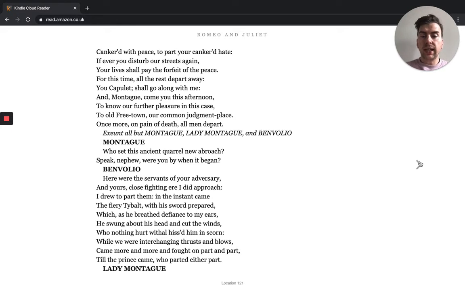In the instant came the fiery Tybalt, with his sword prepared, which, as he breathed defiance to my ears, he swung about his head and cut the winds, who nothing hurt withal hissed him in scorn. While we were interchanging thrusts and blows, came more and more and fought on part and part, till the prince came, who parted either part.